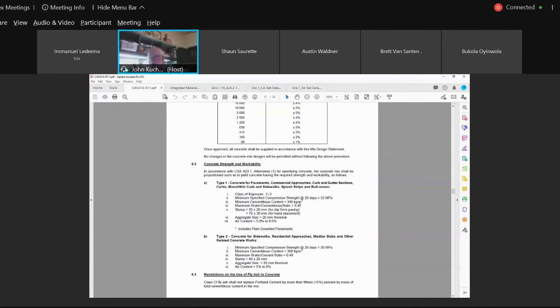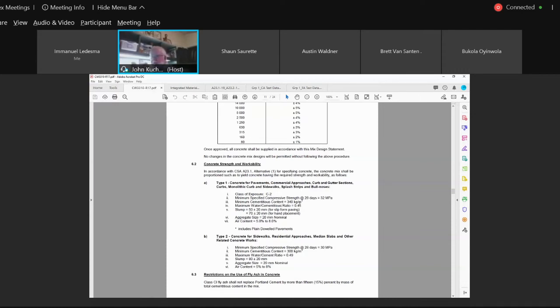If you've got 10 loads arriving at the job site and every load has a 75 millimeter slump, it's consistent. If you get 10 loads and you have an 80 millimeter slump and a 120 millimeter slump, and then you're back to 90, and then back to 80, and then 120, and 100, and 95, that's inconsistent. That's all it measures.